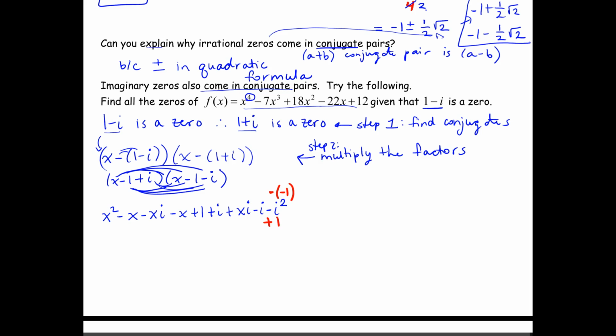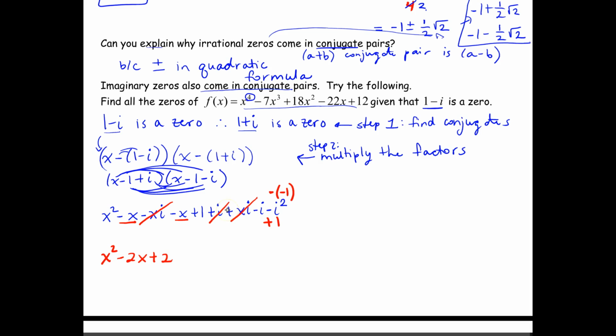Okay, so now let's combine these like terms. So if I combine these like terms, I will have an x squared. Negative x and negative x would create a negative 2x. What happens with negative xi and positive xi? They cancel. What about 1 and positive 1? 2.